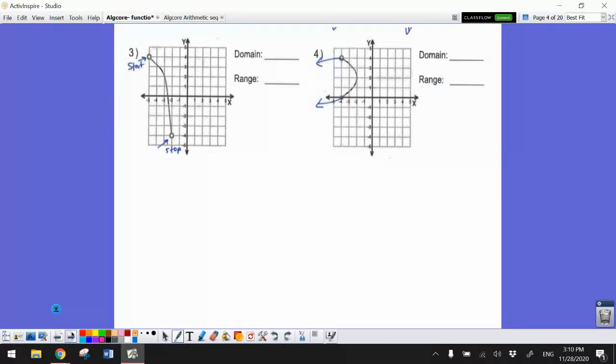All right, let's take a look at these guys. This is an interesting one because this is what's called a kind of piecewise function. It has a starting point and it has a stopping point. So this one is not all real numbers the entire way. The first x value I'm using is -4.